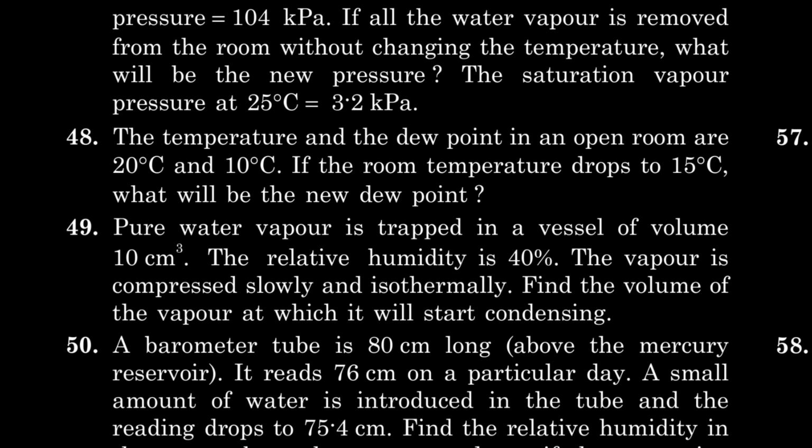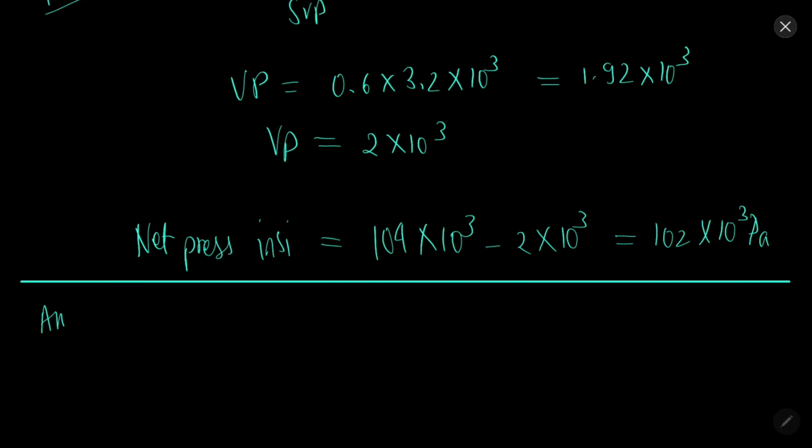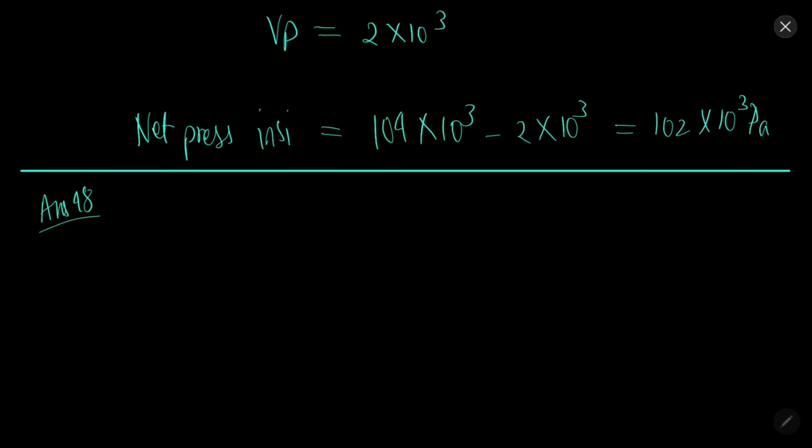In question 48, temperature and dew point in open room are given. If room temperature drops to 15 degrees Celsius, what will be the new dew point? Solution 48. At temperature 20 degrees Celsius, dew point is 10 degrees Celsius.